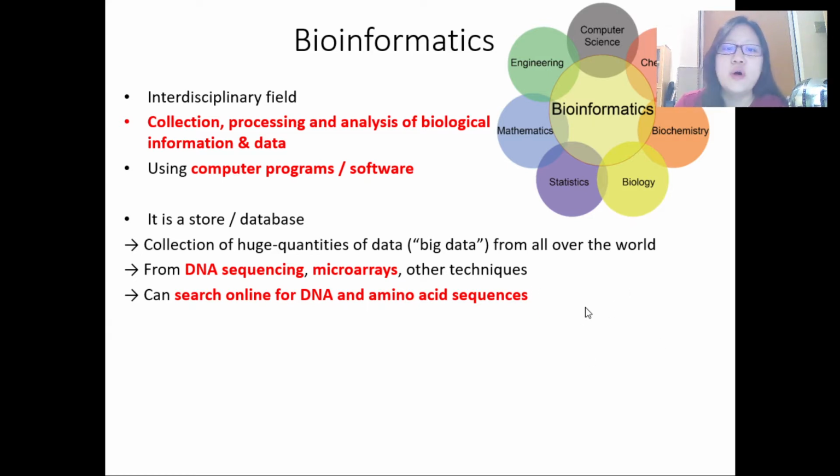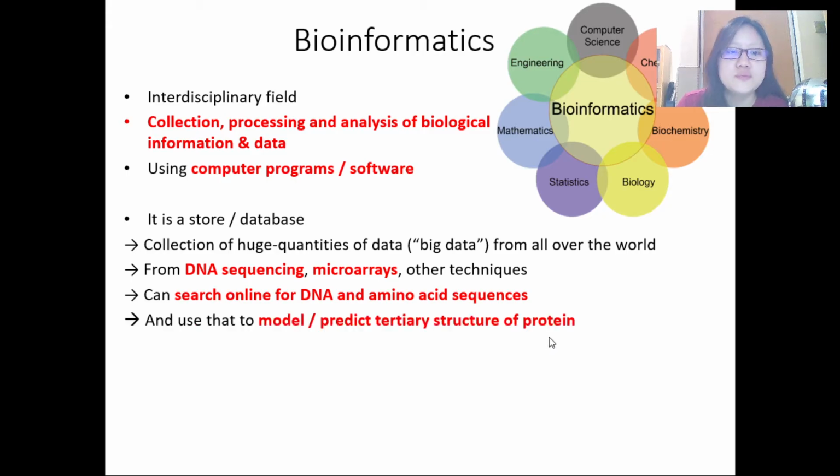It's available to all, but data is not meaningful if it just remains as data, right? You have all these DNA sequences and amino acid sequences, but you do need to make the data meaningful in order for it to be useful.